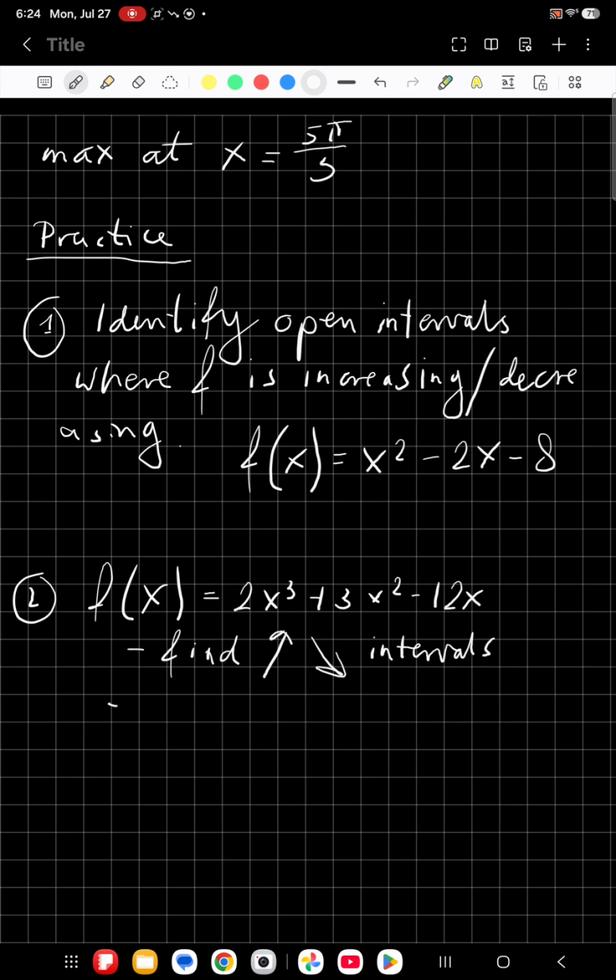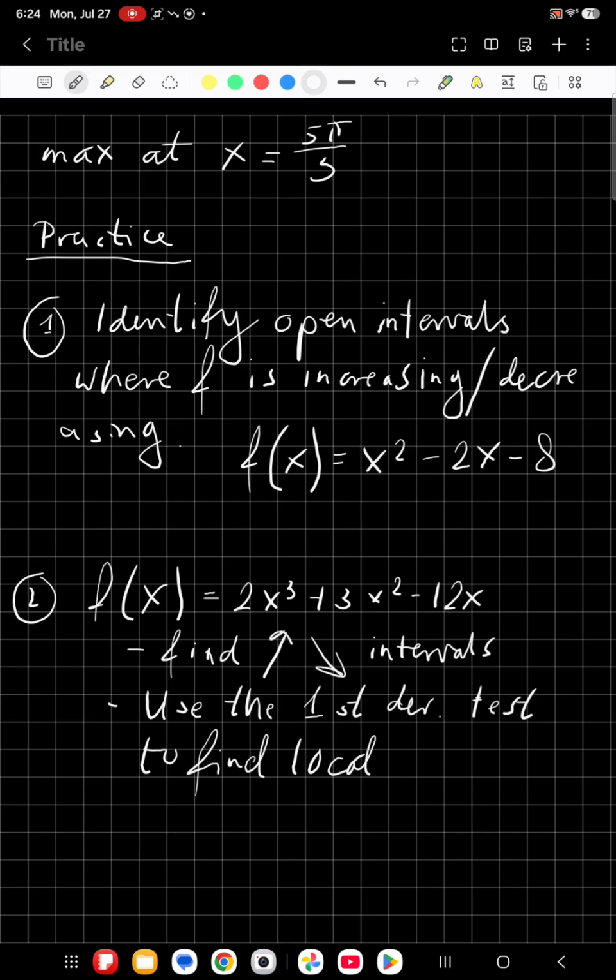And then locate. Let me write it maybe like this. Use the first derivative test to find local maxima and minima, local extrema.